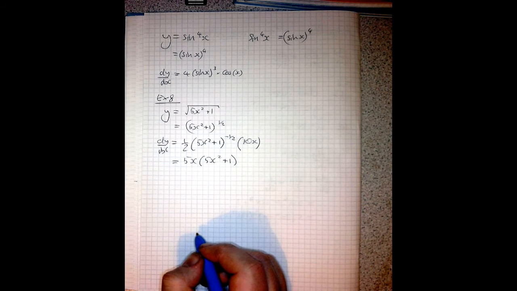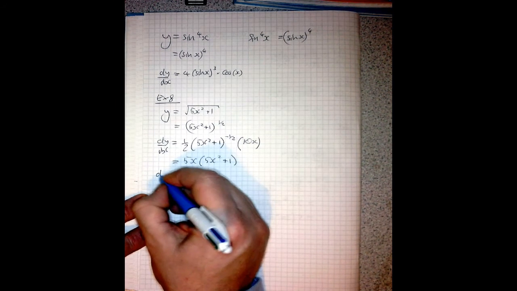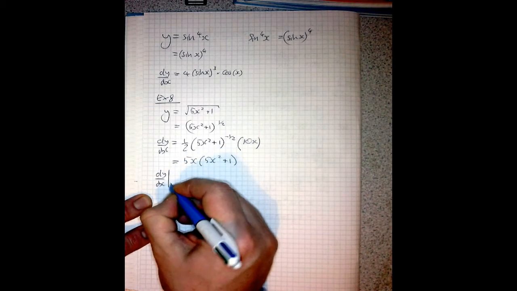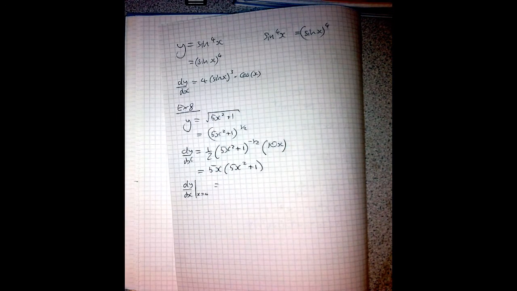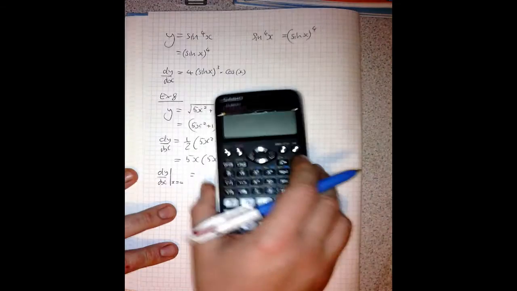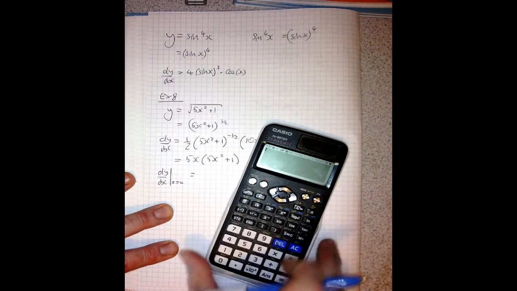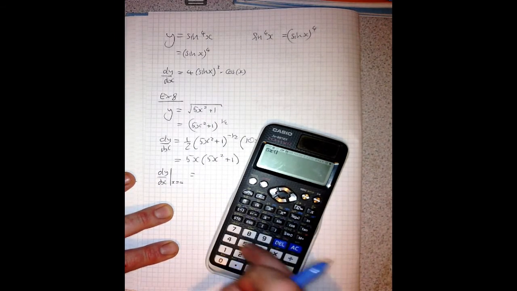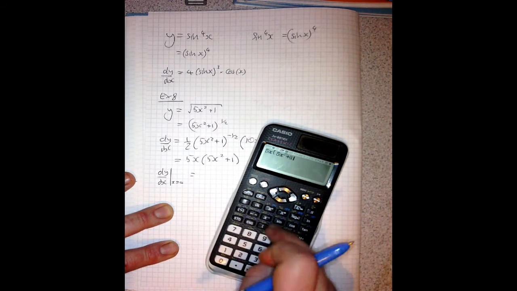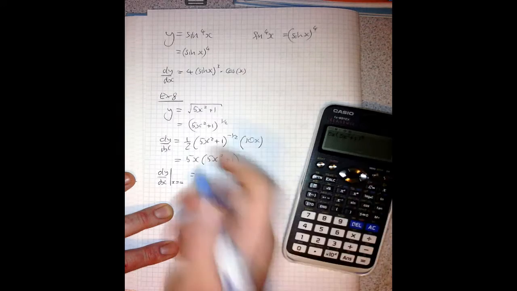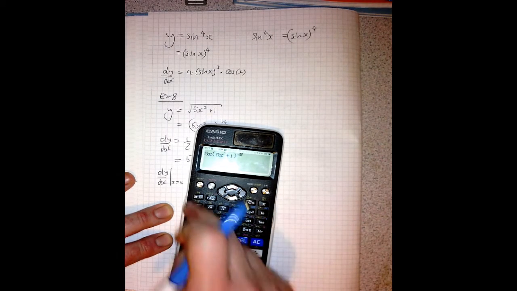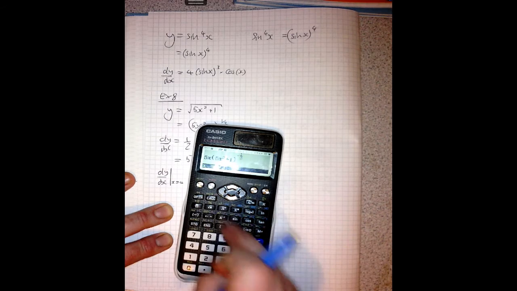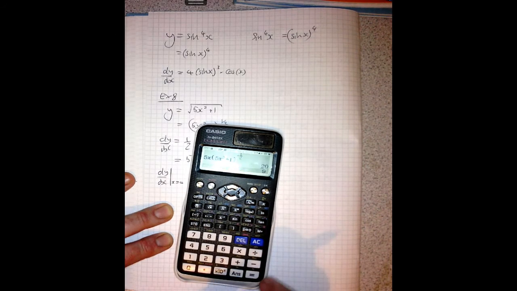The question actually gives us a value of x: dy dx when x equals 4. Oh, where's my calculator? There it is. Remember, the calc button is your friend. 5x times by (5x squared plus 1) to the power minus a half. x is 4. 20 over 9.